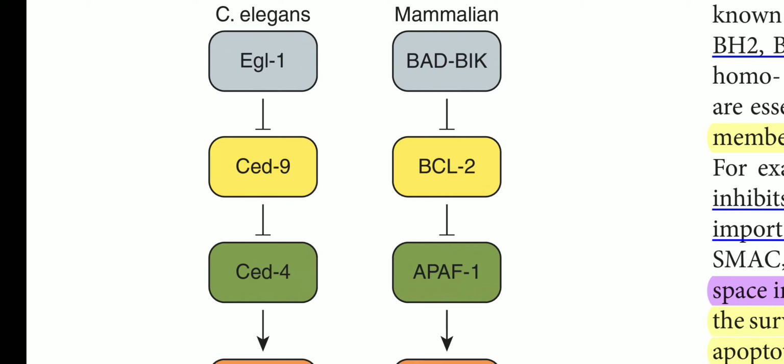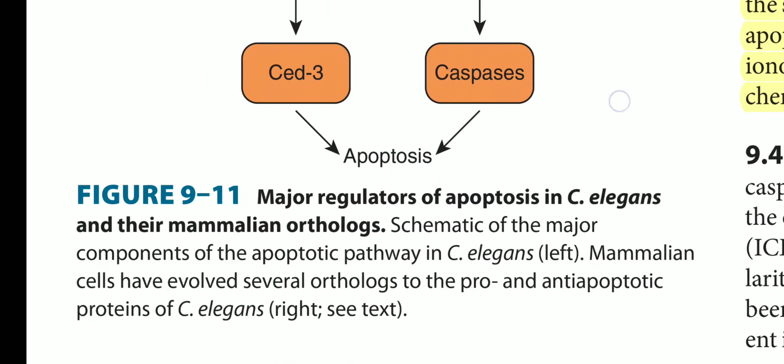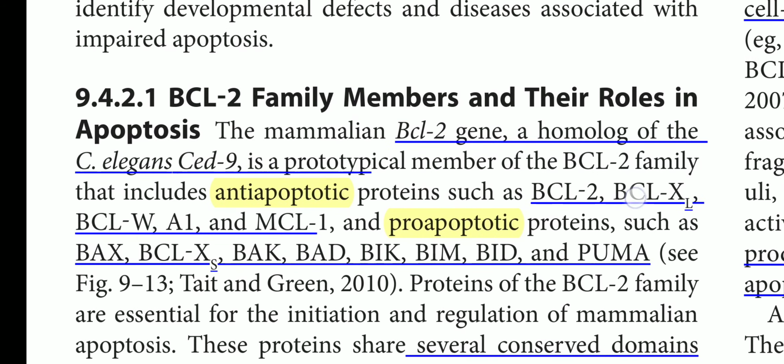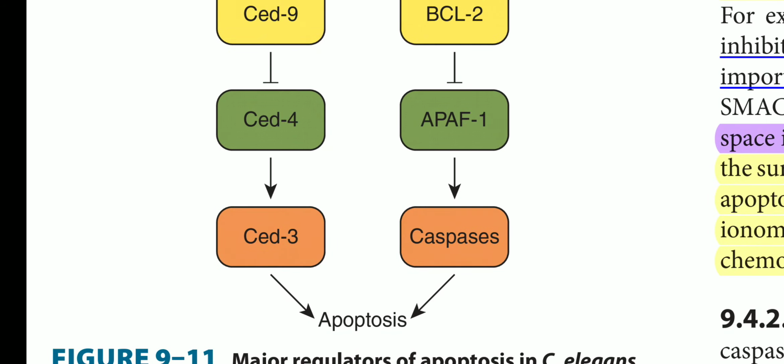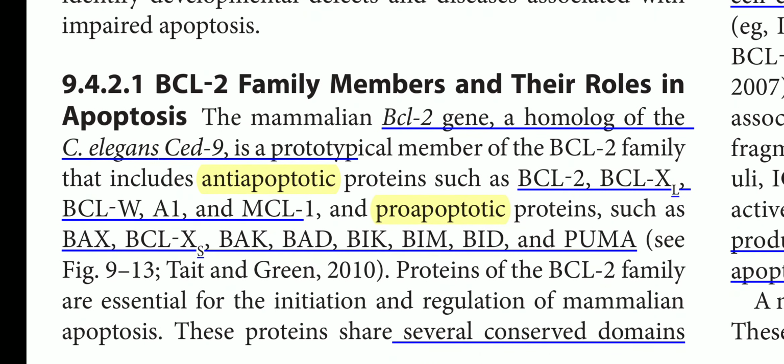They keep suppressing APAF-1, and by suppressing APAF-1 they inhibit apoptosis. The pro-apoptotic proteins cause apoptosis, so they need to be suppressed by the anti-apoptotic proteins.